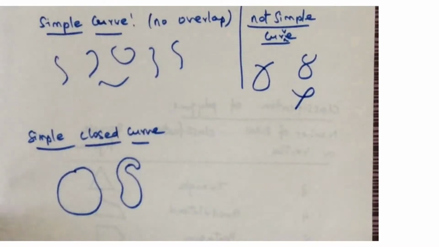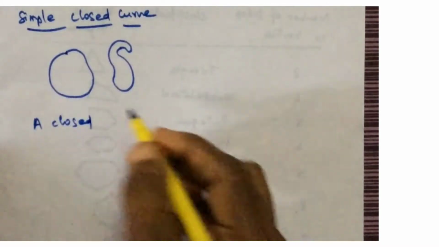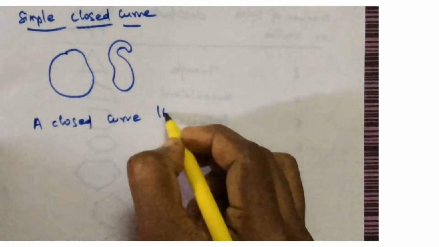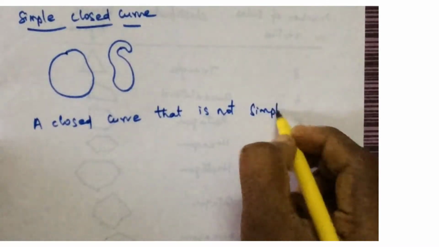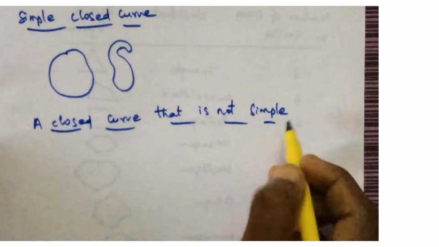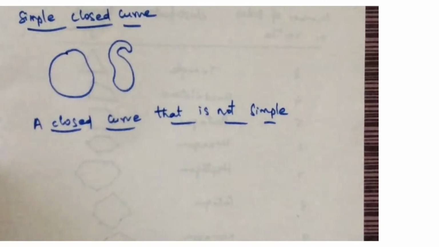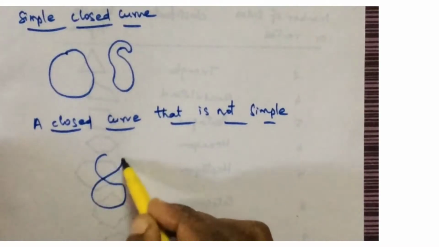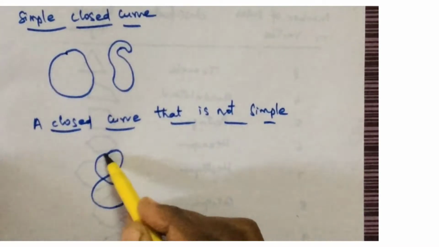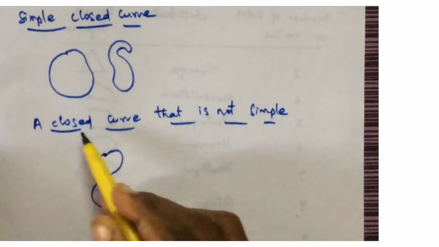I want to draw another thing: a closed curve that is not simple. The curve is closed but not simple, which means if you draw a curve like this, here you are starting and at the same point you are ending, so it is called a closed curve.